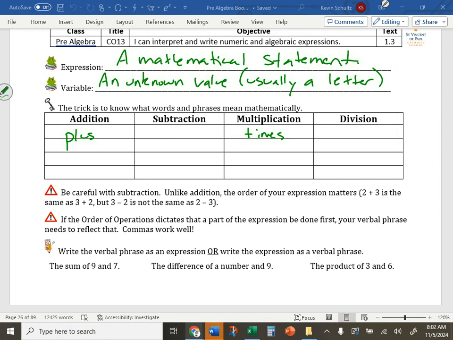Layla. For addition, sum. Okay, sum. And the word sum, not S-O-M-E, but S-U-M, means the answer to an addition expression. Subtraction is less. So, as long as we're on this topic, sum means the answer to an addition expression. What would be the answer to a subtraction expression?